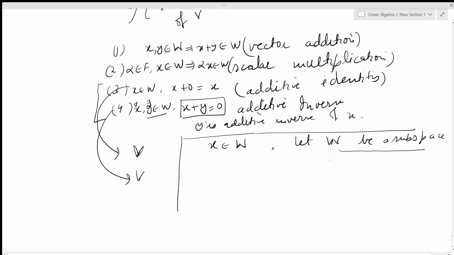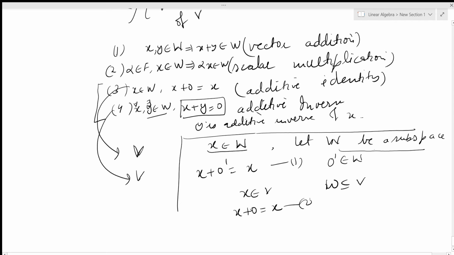So there is some 0 dash belonging to W. So we can write x plus 0 dash is x, and you know that if x is in W, that means x belongs to V also, because W is a subset of V. So we can write this as x plus 0 is equal to x. Now from here, 1 and 2, we can say that 0 is 0 dash. So the 0 element of W is the same as the 0 element of V, and the same for additive inverse too.